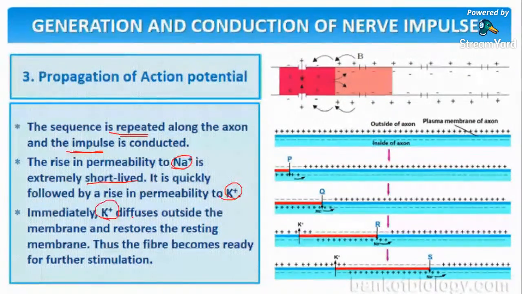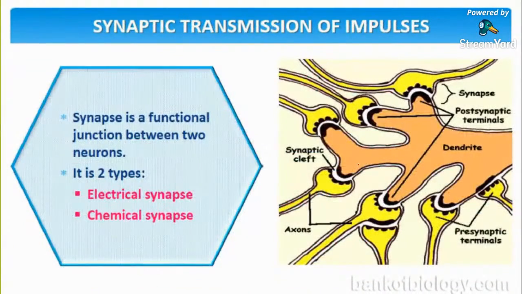Immediately potassium diffuses outside the membrane and restores the resting membrane potential. Thus the fibers become ready for conduction of a further stimulus. Clear? Yes.